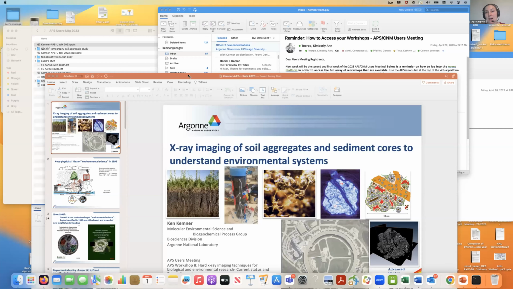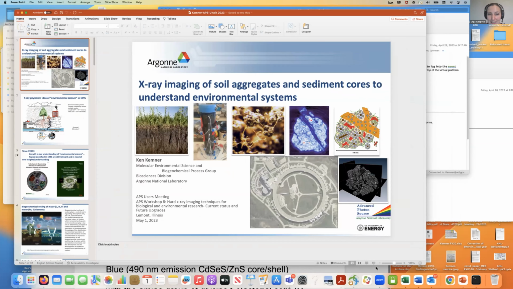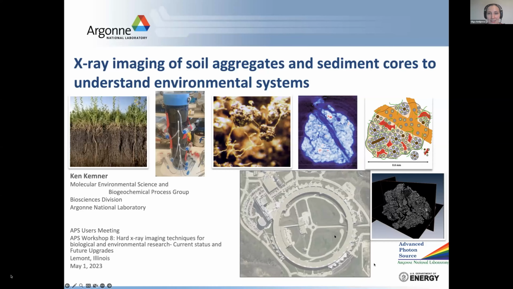Ken has worked at Argonne since 1996. He got his PhD in X-ray physics and condensed matter physics in 1993 and began using synchrotron X-rays at NSLS2 to investigate environmental systems. Starting from 96, he developed an environmental and biogeochemical research program that used X-rays from the APS.